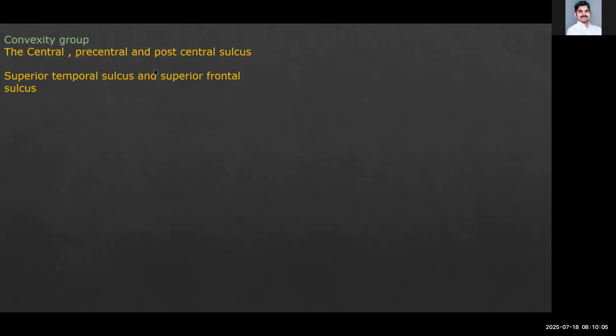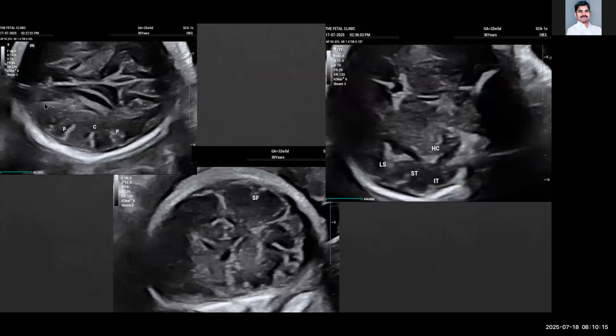Convexity group. The central, precentral, postcentral sulcus, the superior temporal and superior frontal sulcus come under the convexity group. Here are the central, precentral and postcentral sulci, which are oriented on the cerebral hemispheres. The small p is the precentral, capital P is the postcentral.